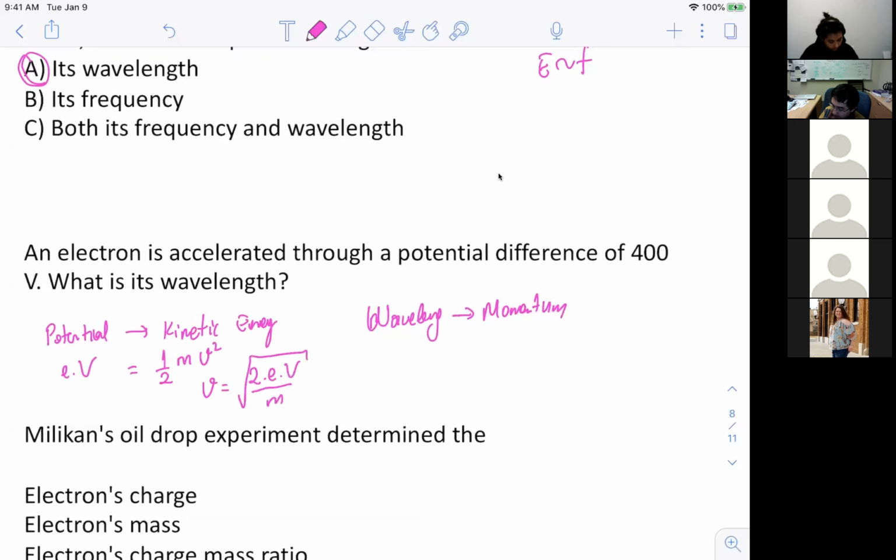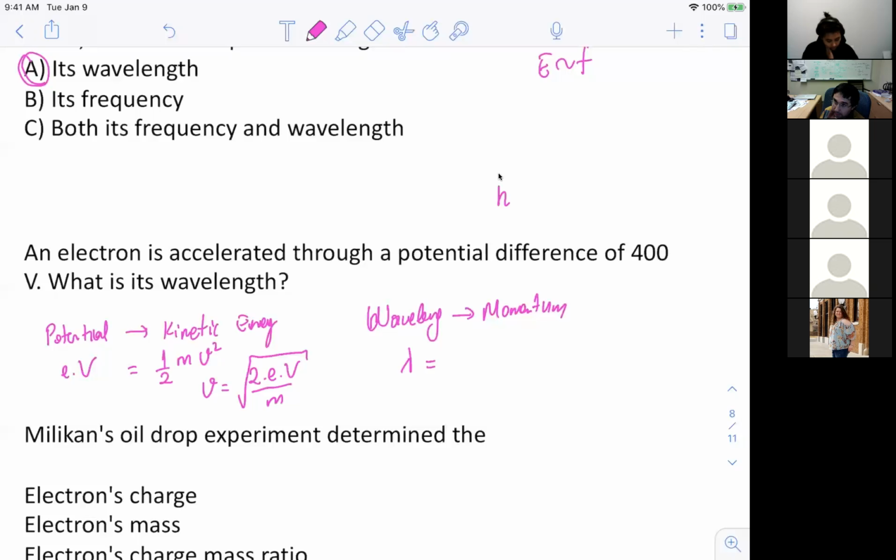Then to find the wavelength, it's similar to how you do that with light.